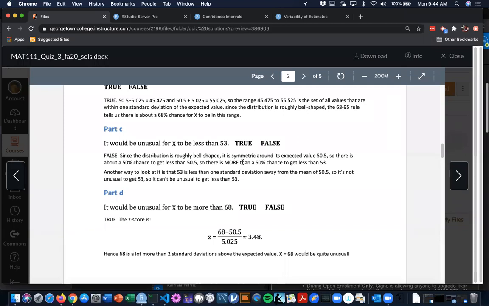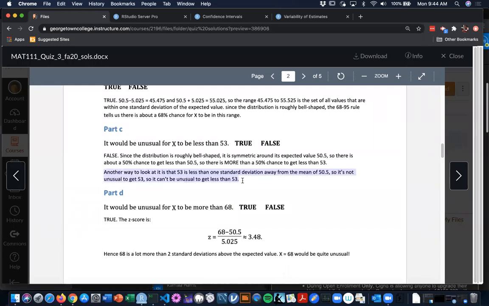Half the area under the curve comes before 50.5, and we're looking for the chance of being less than 53, so more than half of the area is going to come before 53. There's more than a 50% chance of getting less than 53, so it's certainly not unusual for X to be less than 53.